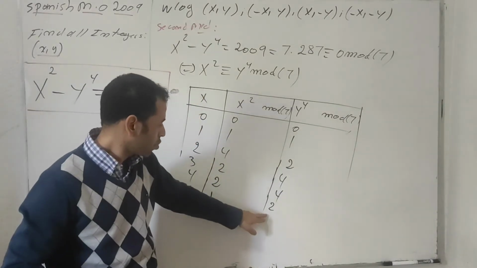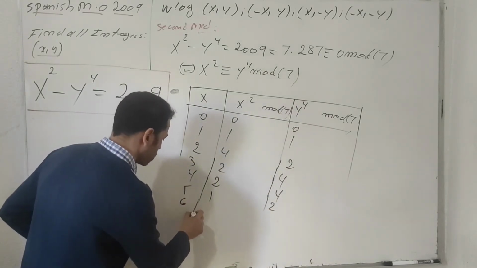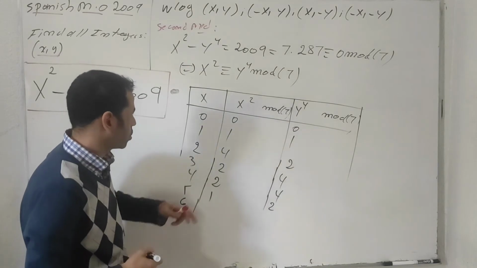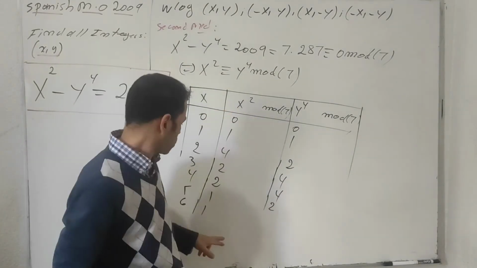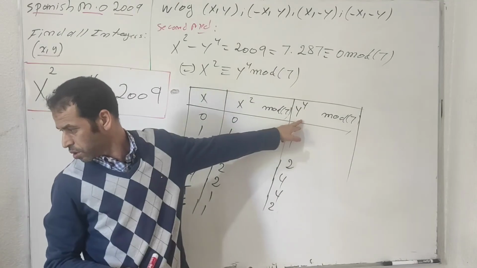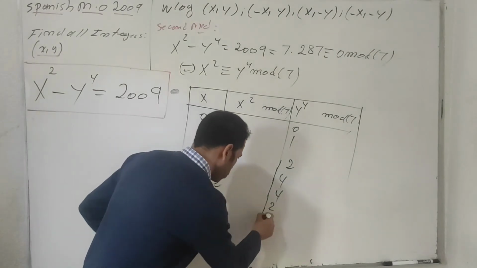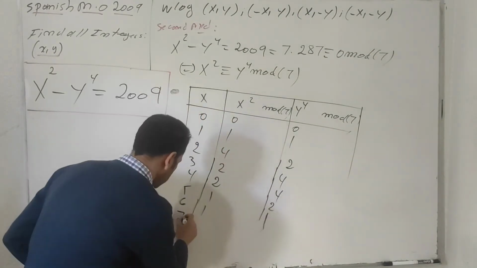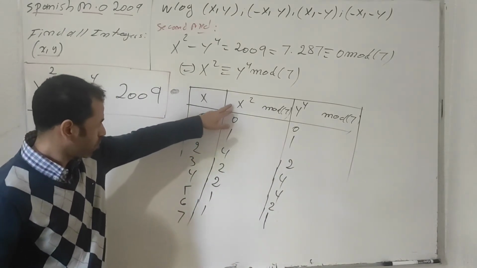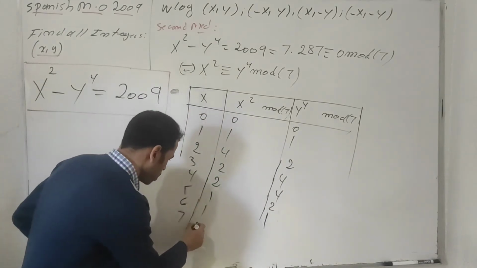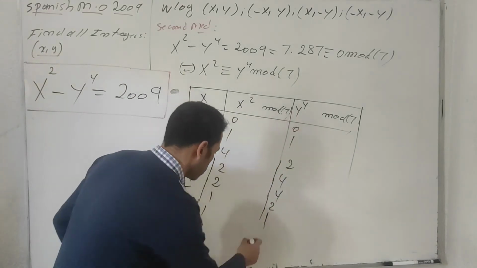Let's check x equals 6, which means 36. 36 is the same as 1 mod 7. 6 to the fourth gives us 1296, which is congruent to 1 mod 7. Let's check the last one, 7. This is simply 7 squared, which is 49. 49 is congruent to 0 mod 7, so this one is also 0.